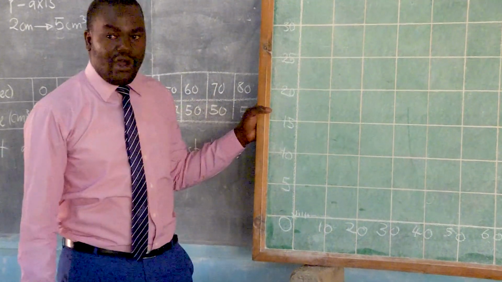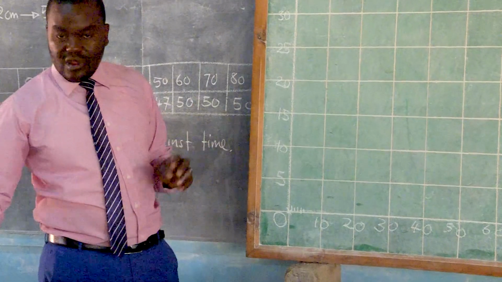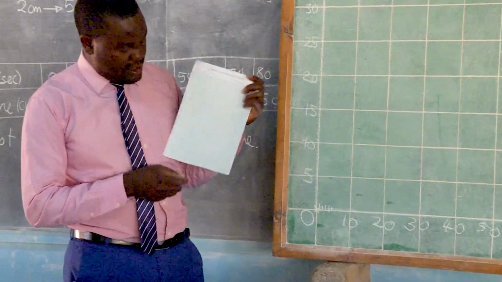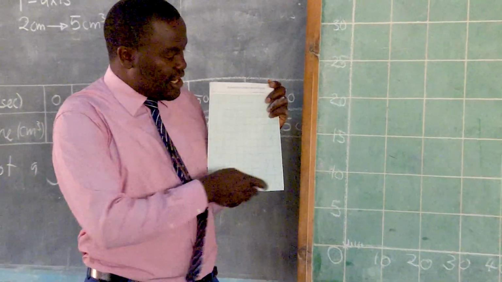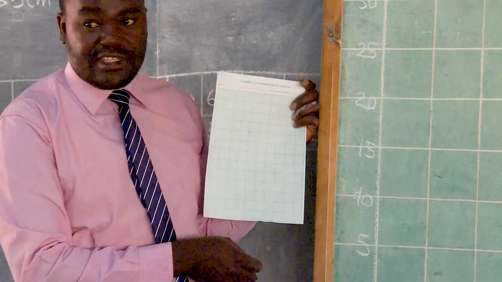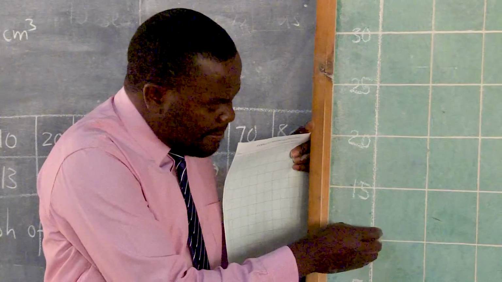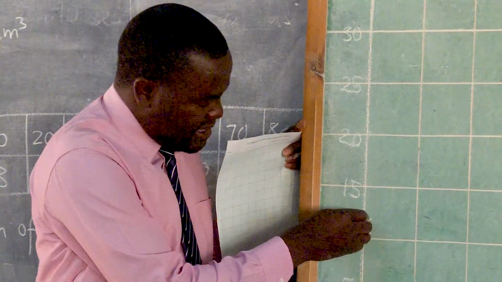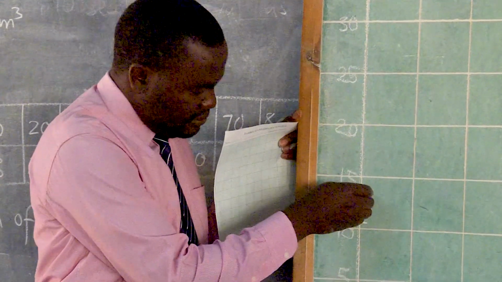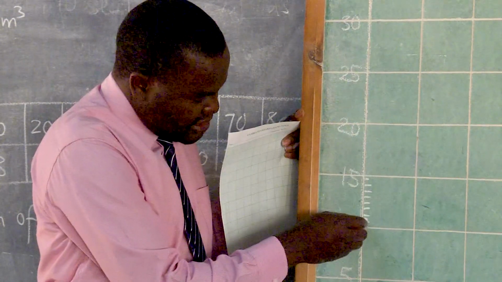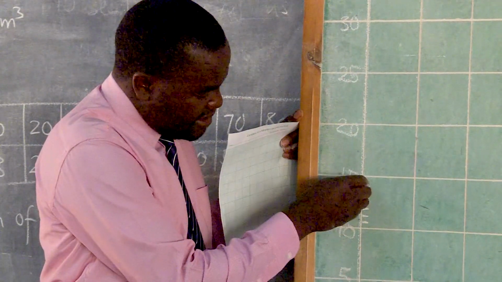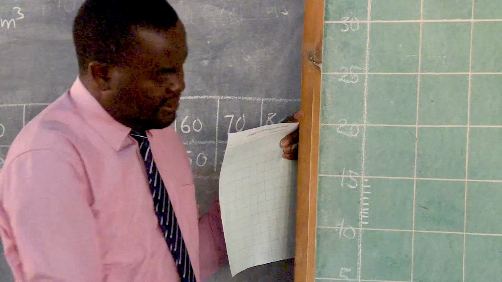13. So now, on your graph, there are these smaller boxes. So here we are going to put imaginary small boxes. How many of them? 10. 1, 2, 3, 4, 5, 6, 7, 8, 9, 10.